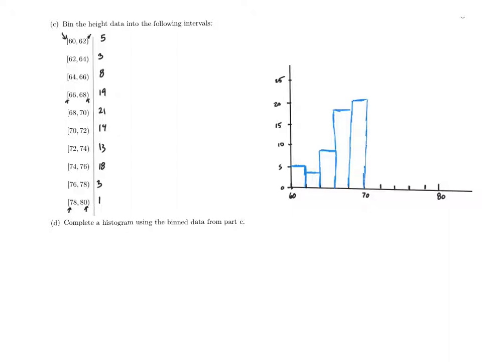After that, we're going to shrink down to 14. After that, shrink down to 13. Back up to 18. Down to 3. And finally, down to 1. Final thing I'm going to do is just clean it up a tad bit here, make my bars a little bit better. Not paying too much attention to it.